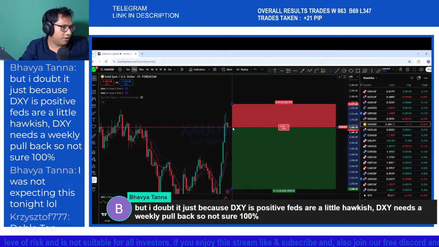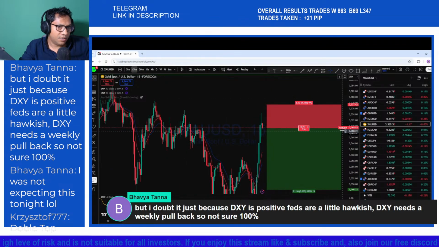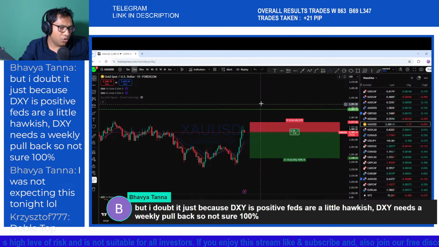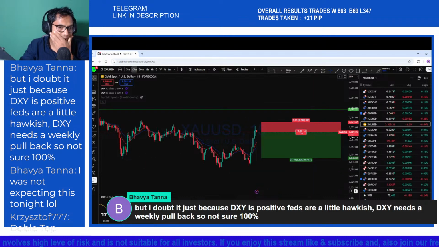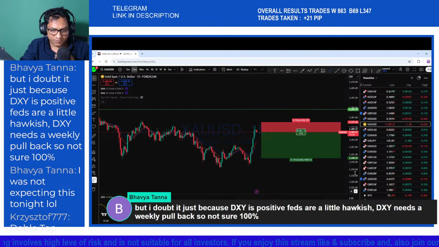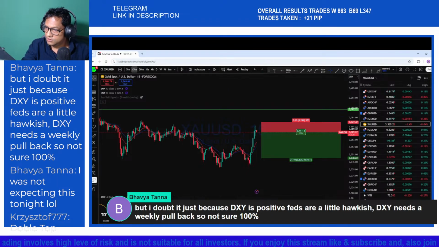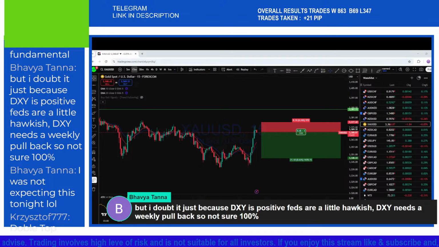looking at here the 15 minutes, after such a big move, it formed a doji, and that might lead that price potentially back to this support or is just gaining momentum. That's what we're looking to see.